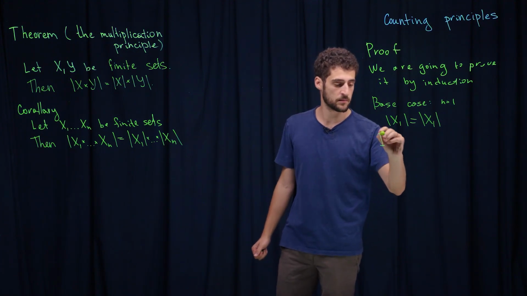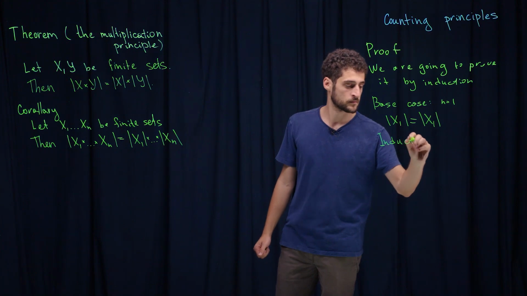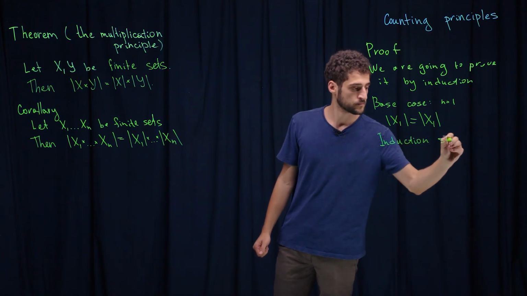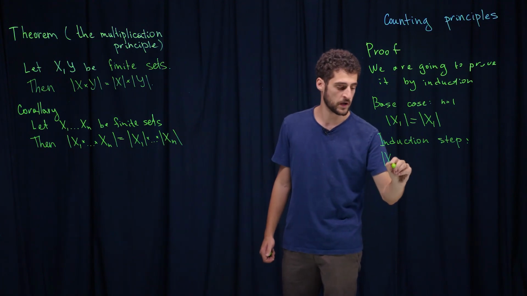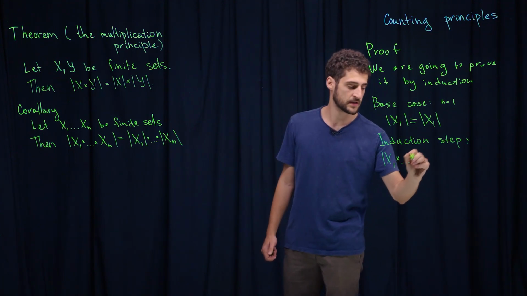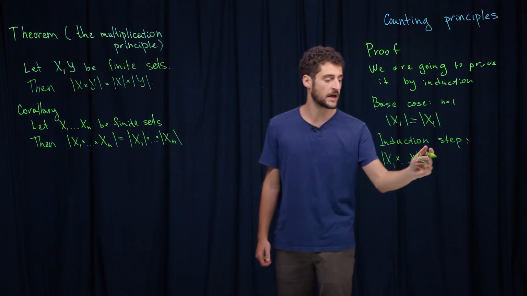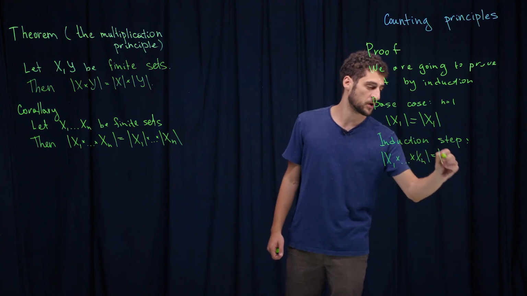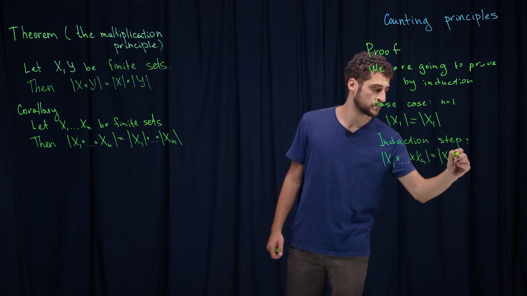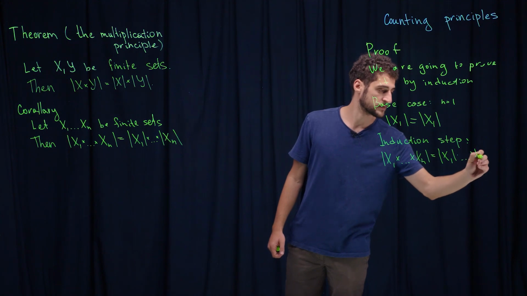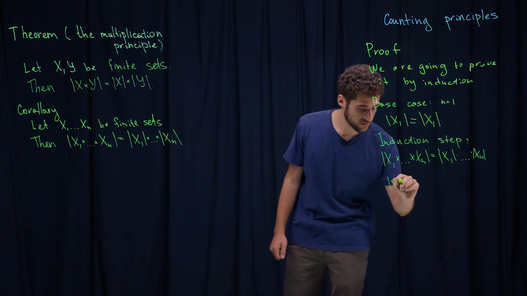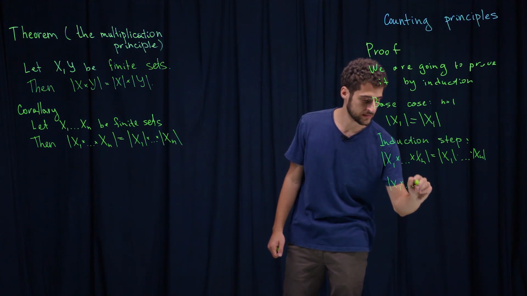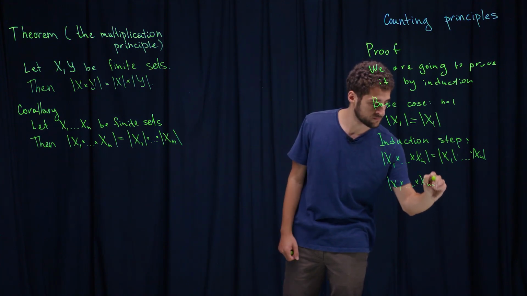Induction step. By the induction hypothesis, we know that X1 times etc. times Xn has size the product of the sizes of X1, etc., Xn. And we need to find the size of X1 times dot dot dot times Xn+1.